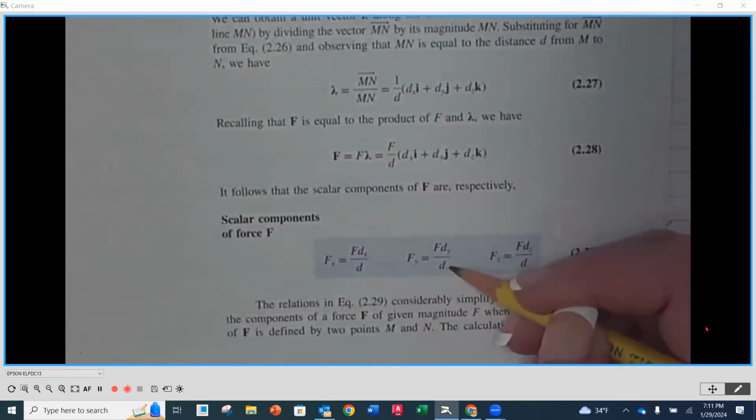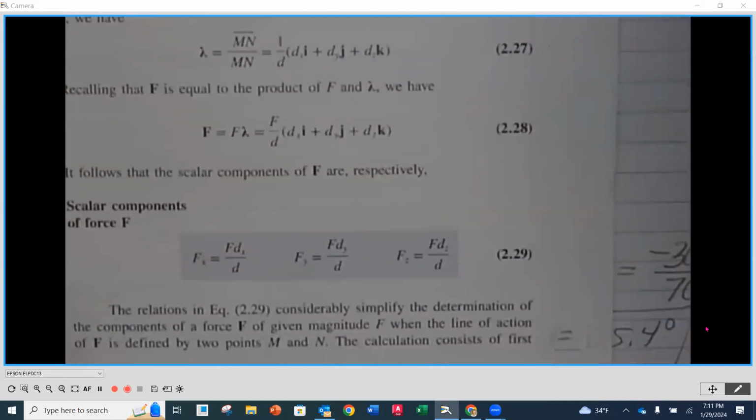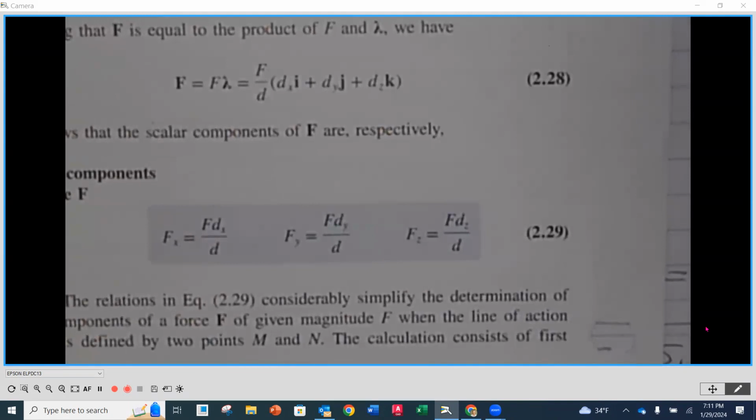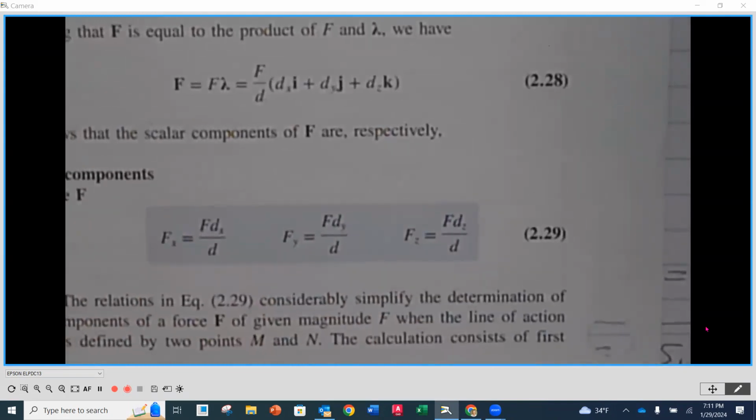And then do the same thing for the y and the same thing for the z. So this is equation 229. I'll zoom in here a little bit in case you don't have your book in front of you. So we want to do the x, y, and z versions of each one of these because that'll be the components of that vector along each one of those axes.